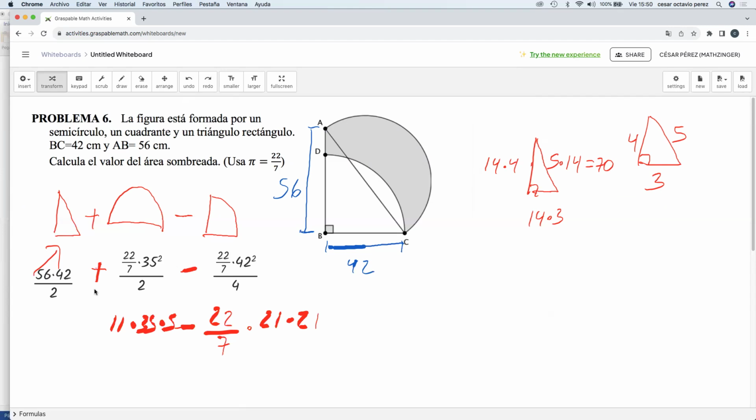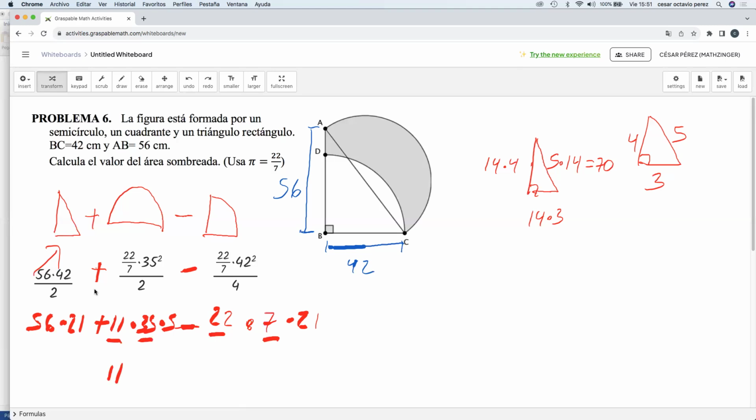Okay. 56 times 21. Okay. And we can simplify this. Yes. This will be 7 times 7. Okay. 11, 22, 735.